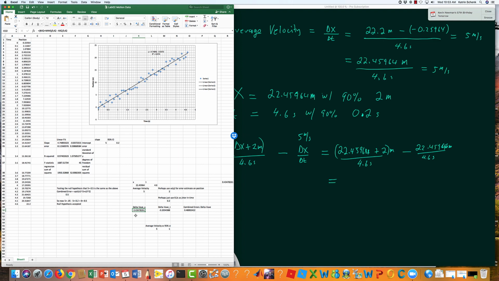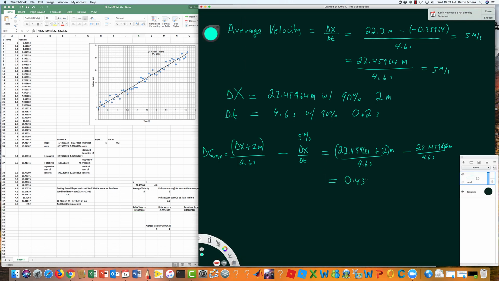And what do I get? I get this. This is the change, and I didn't name that. This says delta V av x, so I named it the same thing. And I get this to be 0.43478, whatever. You can see in Excel, keeping all the digits just for what I'm calculating. So now this tells me how much V average would change if delta x was off by 2 meters, doesn't it?